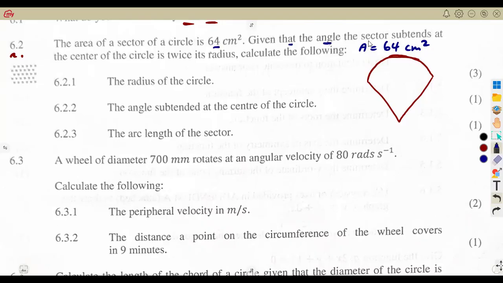Given that the angle the sector subtends at the center of the circle is twice its radius. The angle here called theta is twice the radius, so it is equal to 2r. Theta is equal to 2r. That is a statement that you are given there. Okay? So with that information, calculate the following: 6.2.1, the radius of the circle.